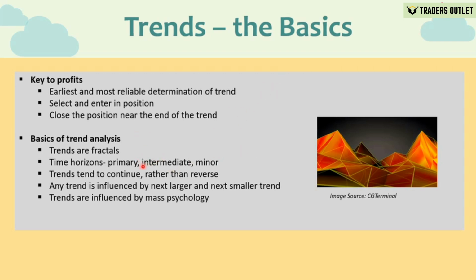They tend to carry the momentum until some event, some resistance, some internal or external trigger causes the prices or the trend to reverse. So these are some of the basics that we have to keep in mind. Keeping these ideas in mind, we'll straight away start looking at some examples and try to understand the terminologies better.